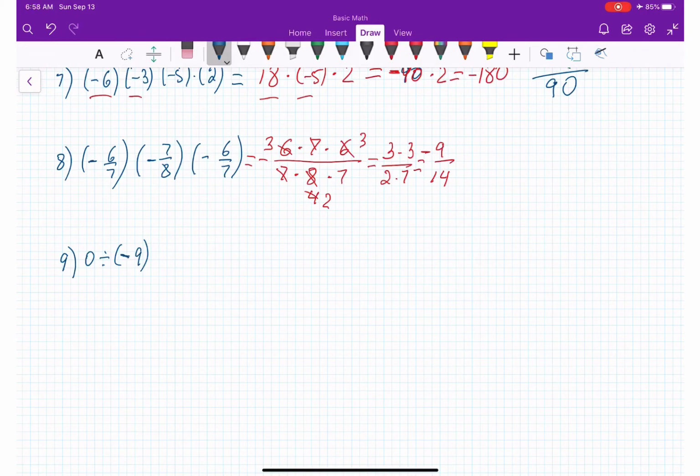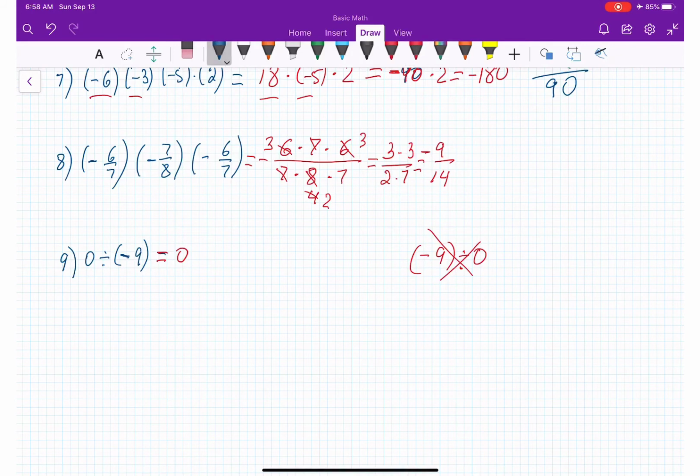Zero divided by any number is equal to 0. A different story is when you divide a number by 0. You can't divide a number by 0. It's undefined.